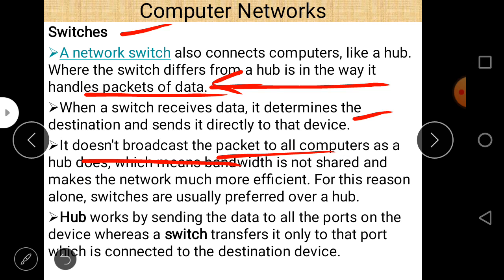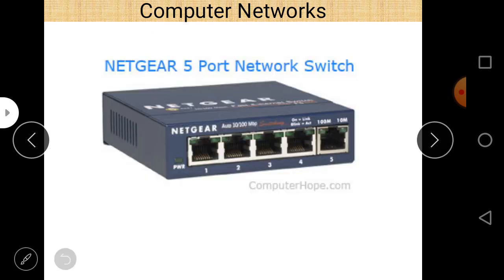It sends data to a particular computer system or particular MAC address, and that's why it is called an intelligent device, also called an intelligent hub. And this is a 5-port network switch. So it looks like this.